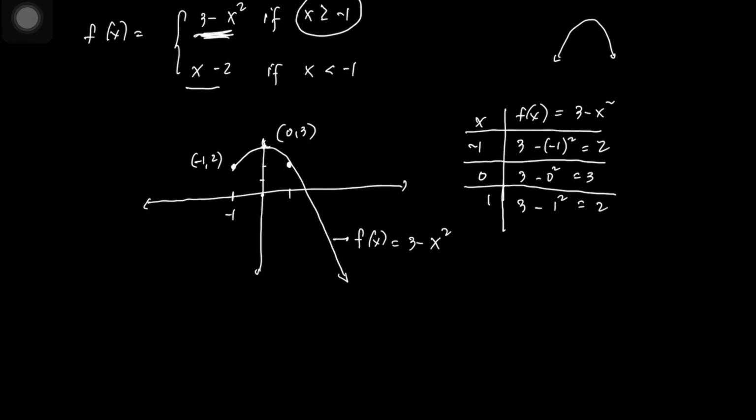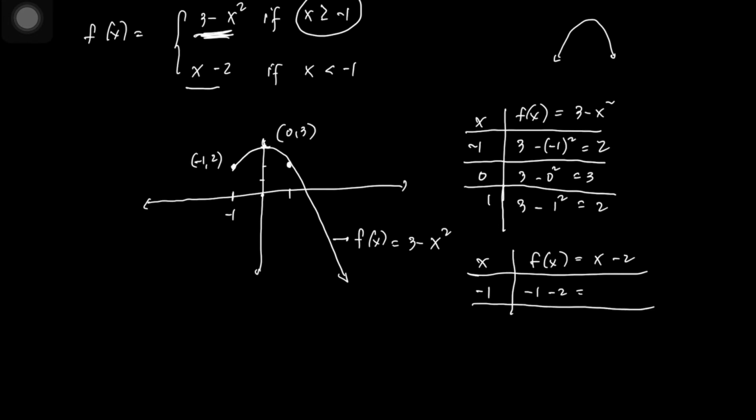The other one, when x is less than -1, f of x equals x minus 2. When x is -1, what's the value of f of x? That's -1 minus 2 equals -3.